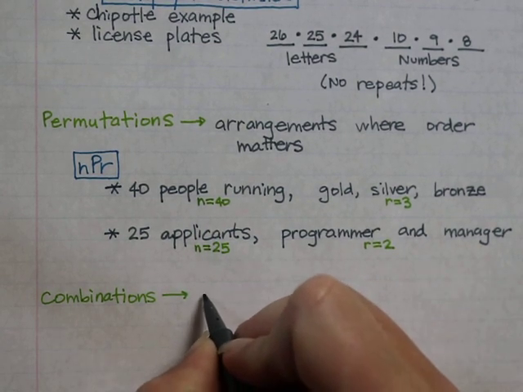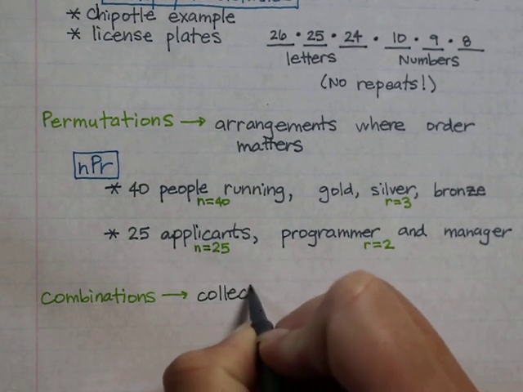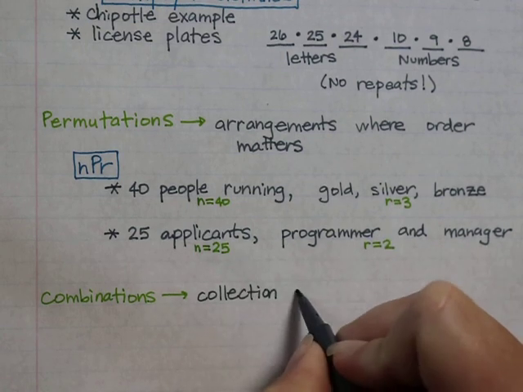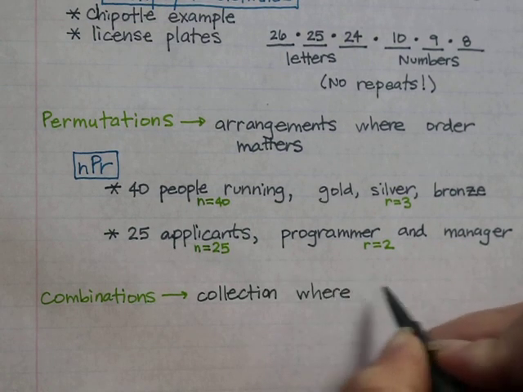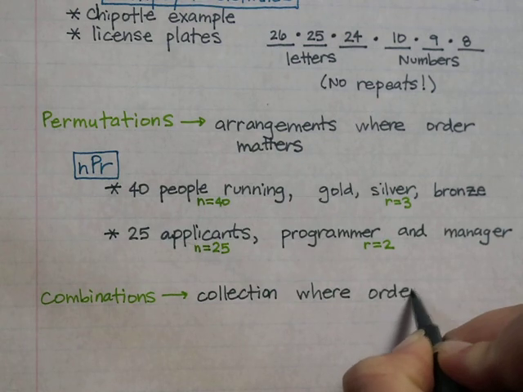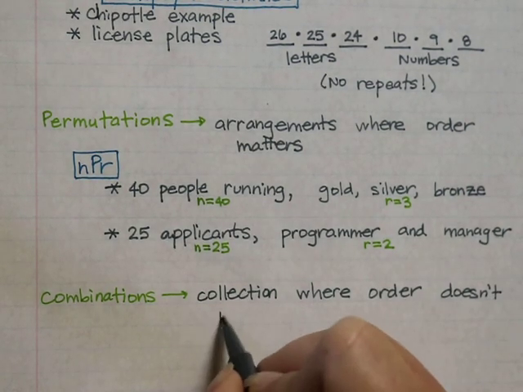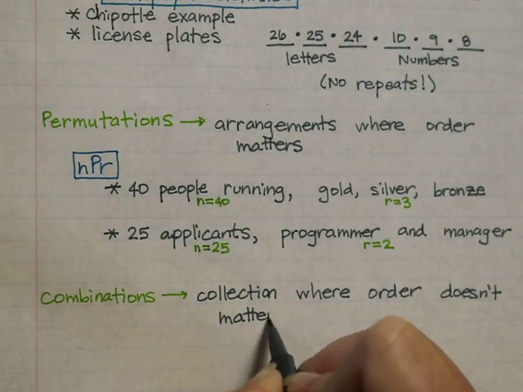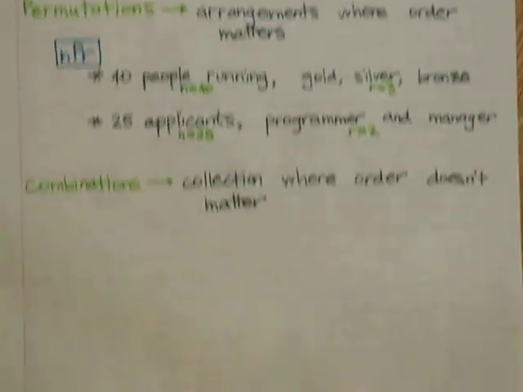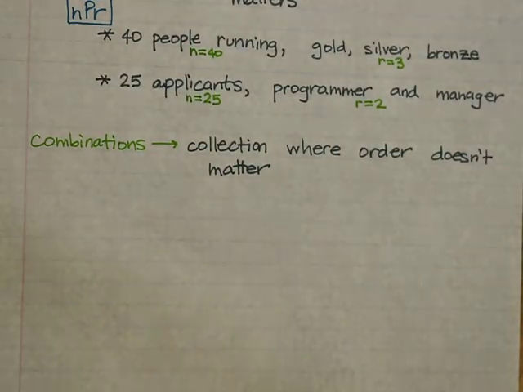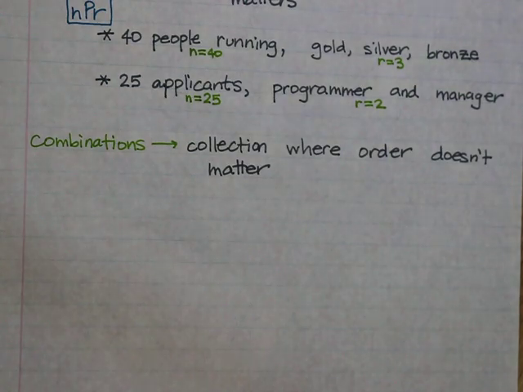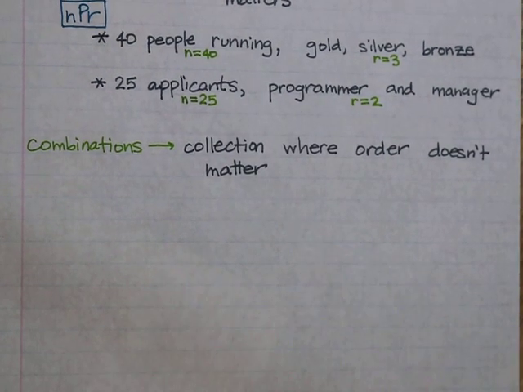And combinations, I like to think of collections, where order does not matter. If Mr. Darlene needs people to form a committee to talk through graduation, let's say, a committee, the order doesn't matter.